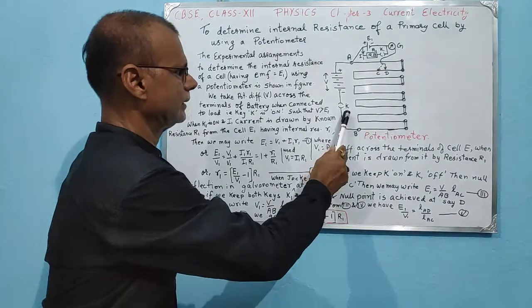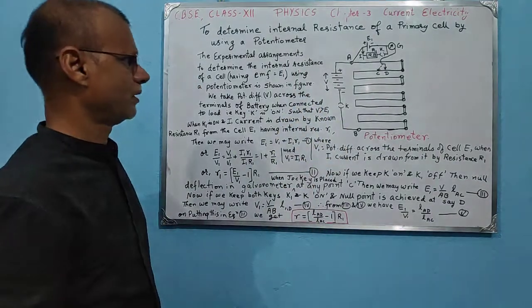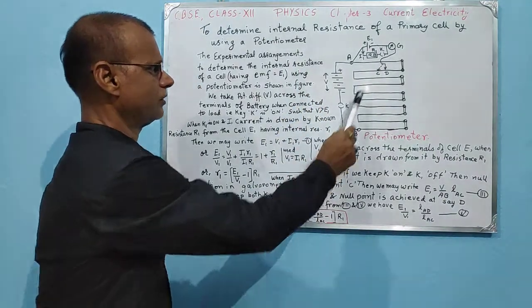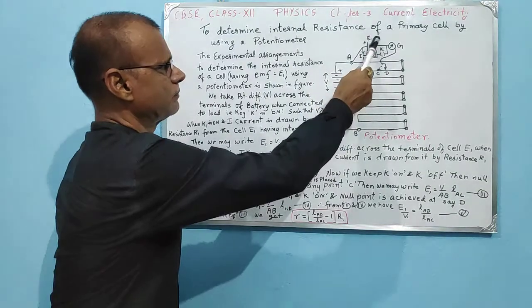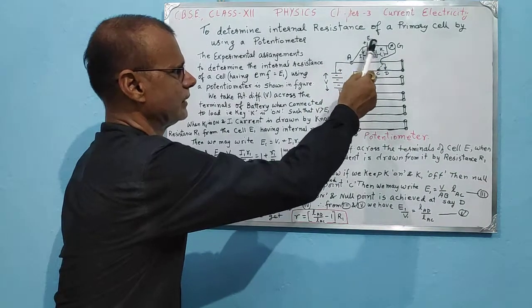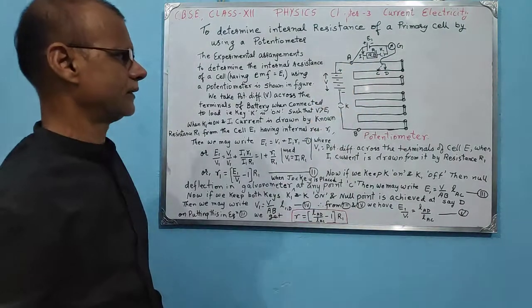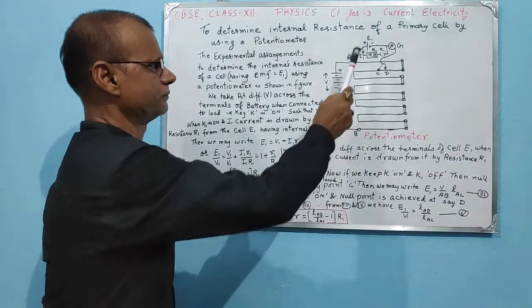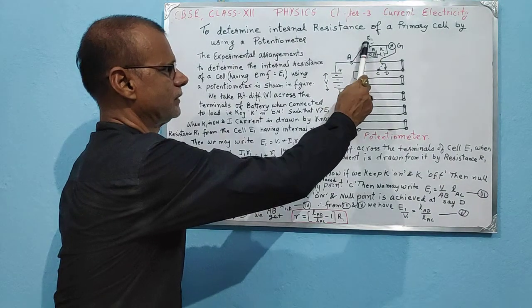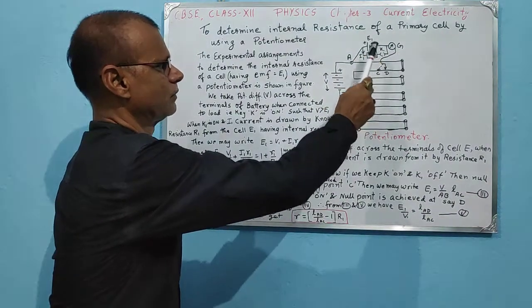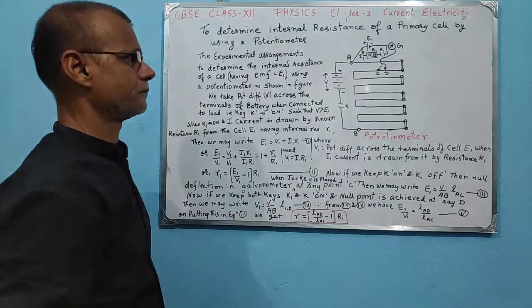Earlier only key K was on. That means some current is being drawn from the cell E1 by the load R1 attached in parallel to it, and in this case the potential difference across the cell E1 becomes V1.